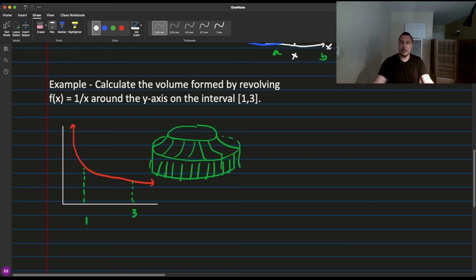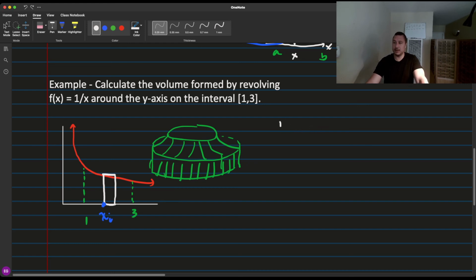So let's set this up. I'm going to choose a rectangle right here. This point is going to be my xi. So the area of that is f of xi times delta x. Or actually, I guess we should just jump into the formula for this one.